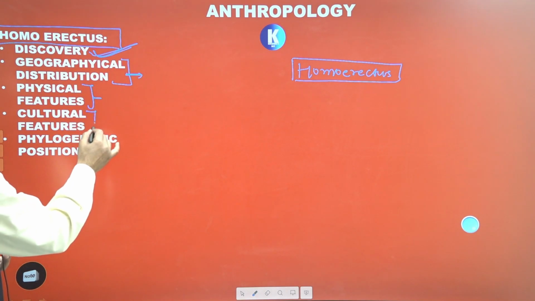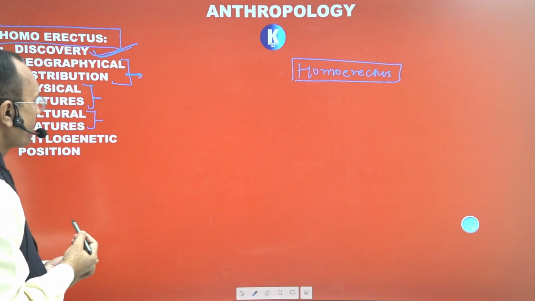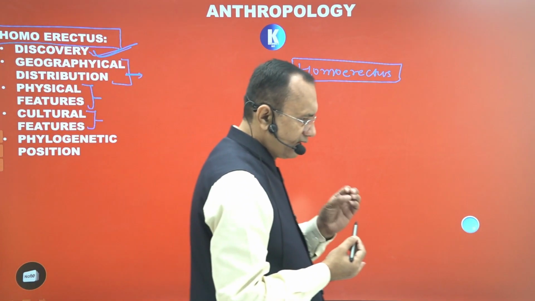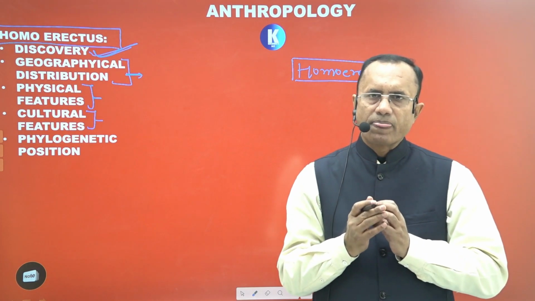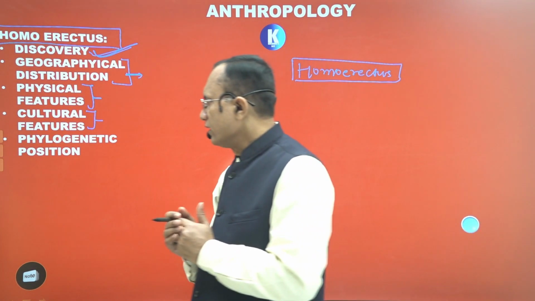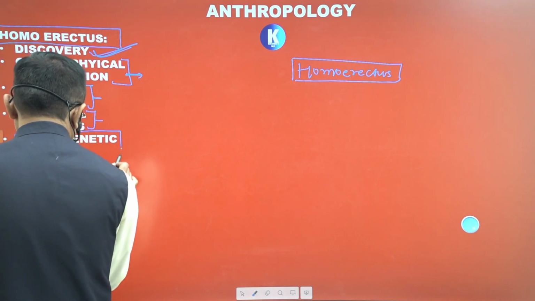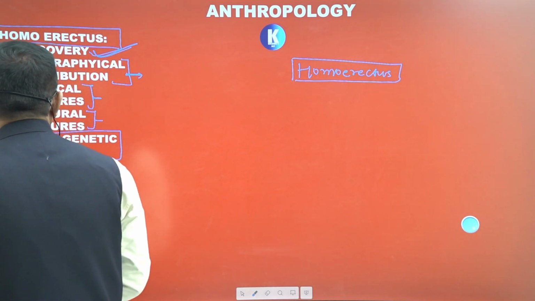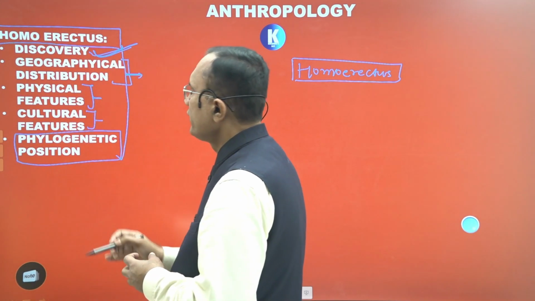And then you have to discuss the cultural features of that particular fossil, if there is a cultural feature related to it. And then you have to discuss the phylogenetic position of that particular fossil.